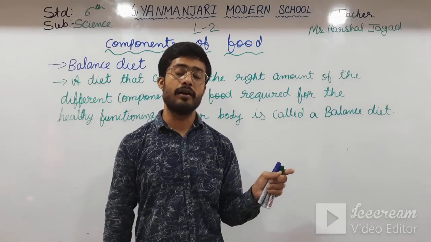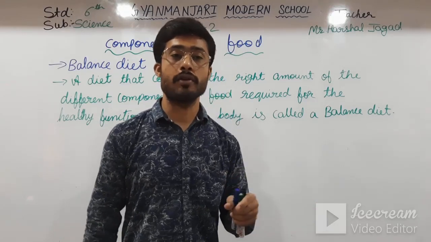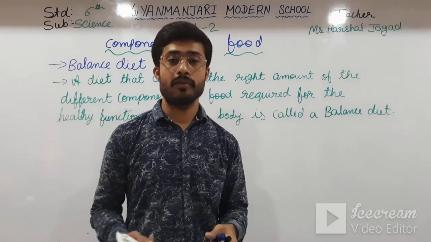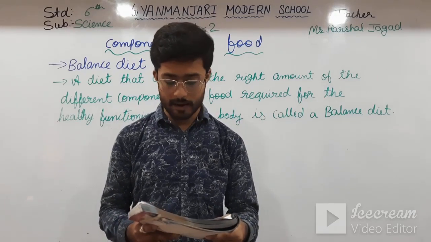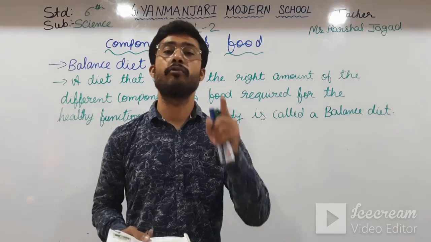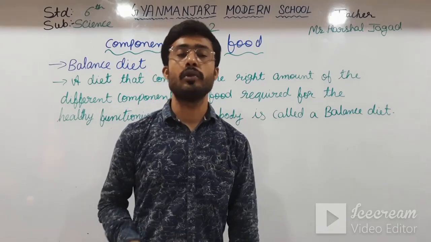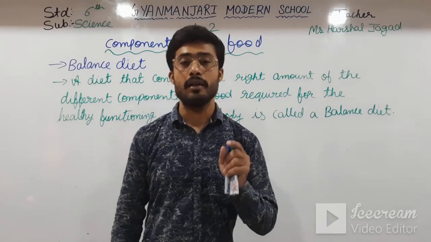It is available in the primary health centers free of cost, and it can also be made at home by yourself. How it is made, see here: 8 teaspoons of sugar and 1 teaspoon of salt in 1 liter of drinking water. So you will make the oral rehydration solution.